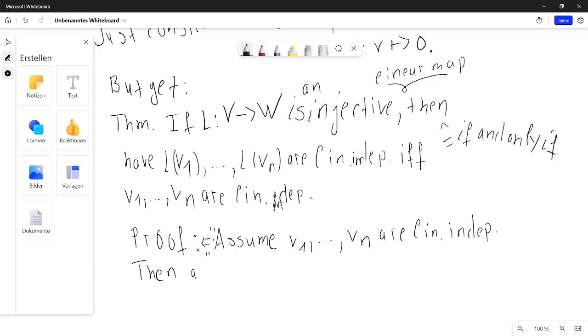And assume L of v1, ..., L of vn, so the images, are linearly dependent.